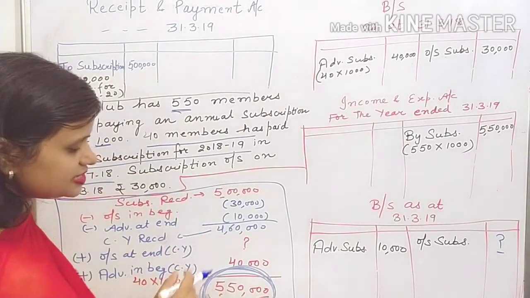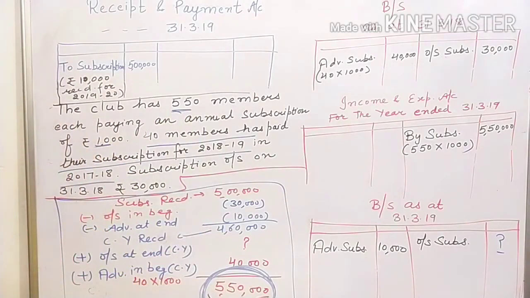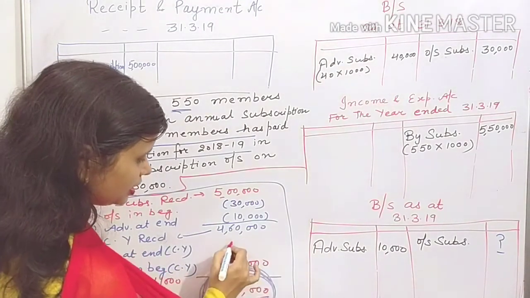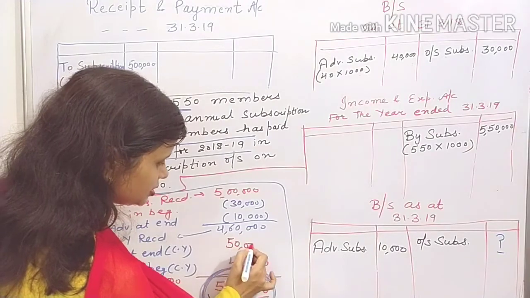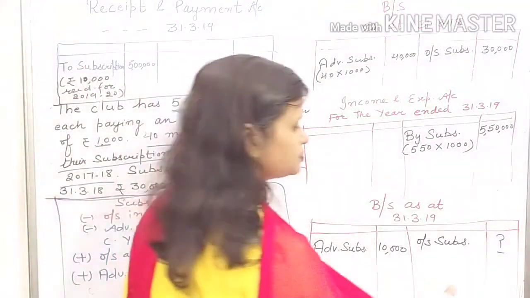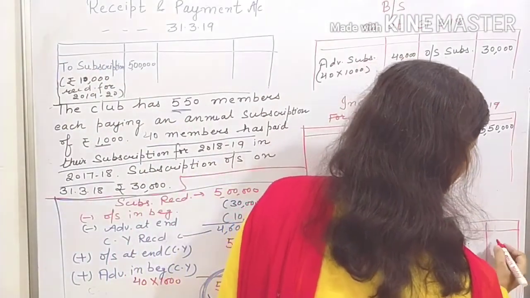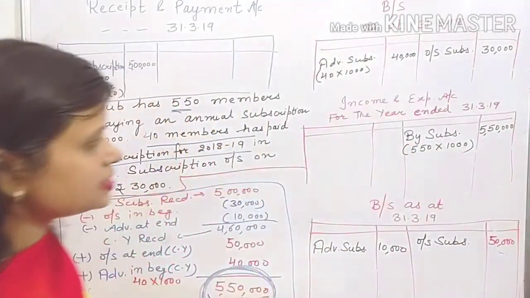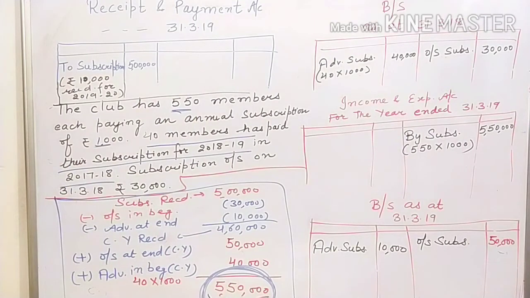So by comparing this, you can calculate what amount of subscription is outstanding for the current year. So here our result will be 50,000. So outstanding subscription at the end will be 50,000. This is how you can solve questions related to subscription.